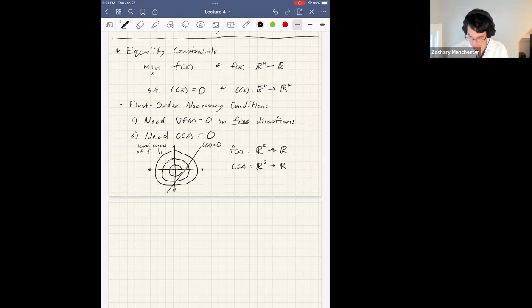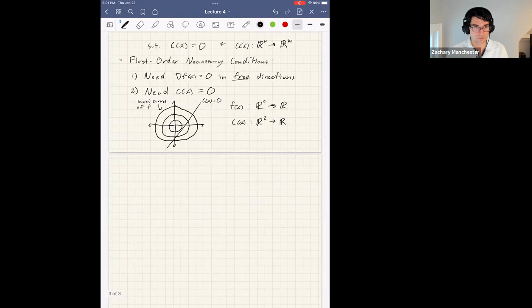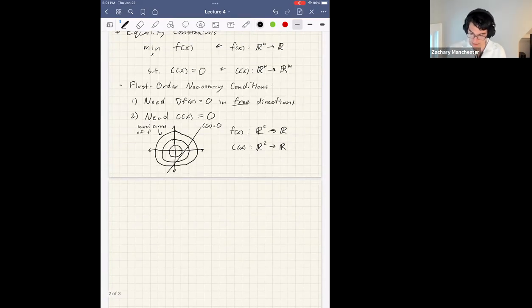Okay, so what we're kind of saying, another way of saying grad f equals 0 in the free directions, or a totally equivalent statement, is that any non-zero component of grad f has to be normal to the constraints, basically in the constrained directions, right?